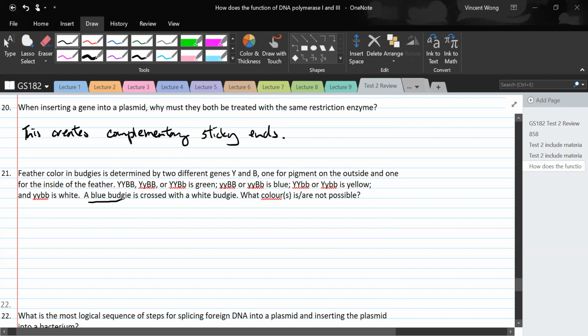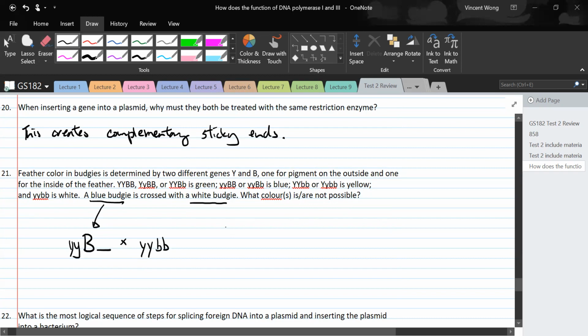So here we have a blue one. So how do we get a blue one? Well, blue one means it has to be small y, at least one big B. We don't know what the other one is. They didn't tell us, okay? But at least one big B. Cross with a white one, which is little y, little b. So what color or colors is or are not possible?